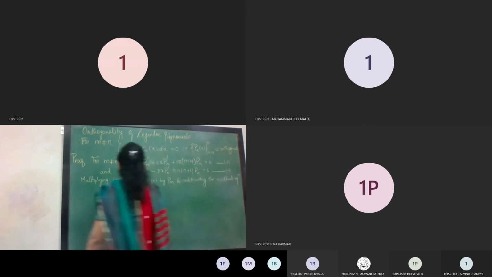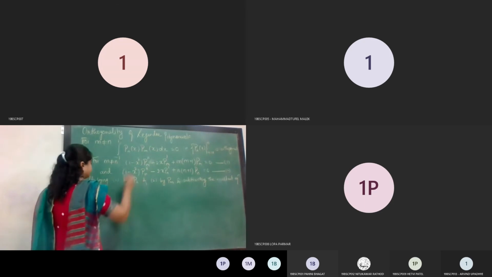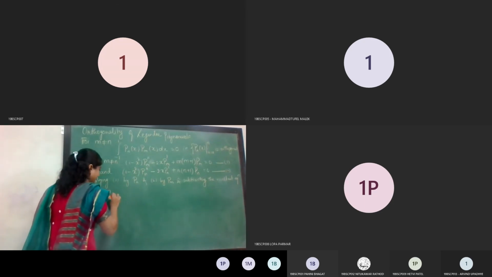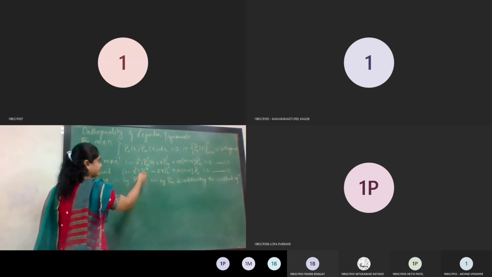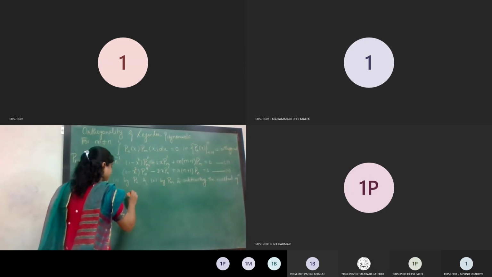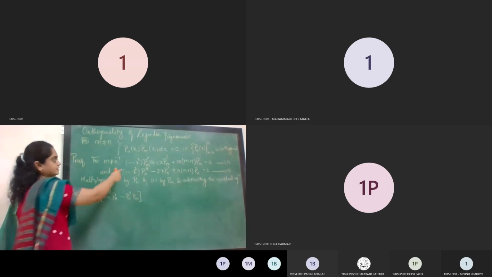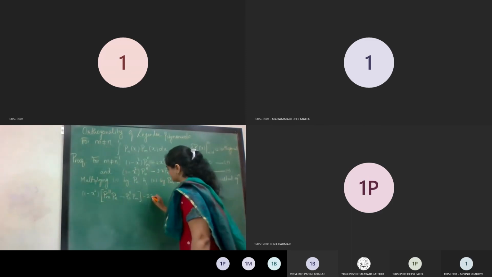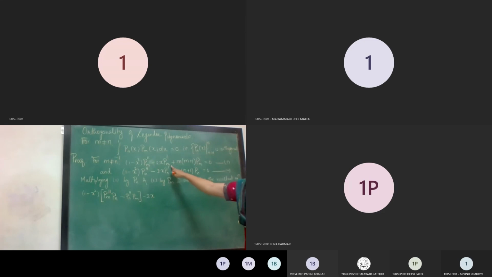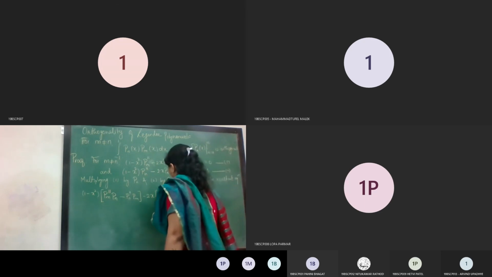What we will get? So from here, first of all 1 minus x square will come out common. Here what will come? Pm double dash. We have multiplied it with Pn, so that factor, minus, we are subtracting it from this equation. So Pn double dash into Pm. Then minus 2x, here will come Pm dash into Pn and here will come Pn dash into Pm. So what is it?